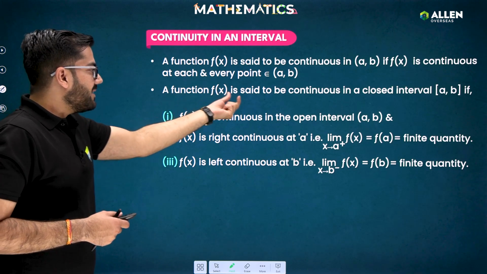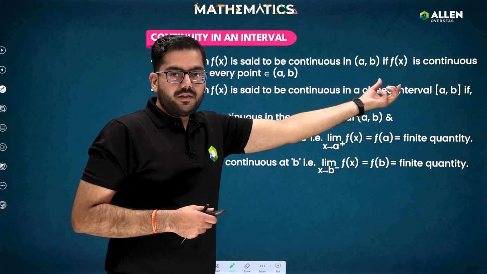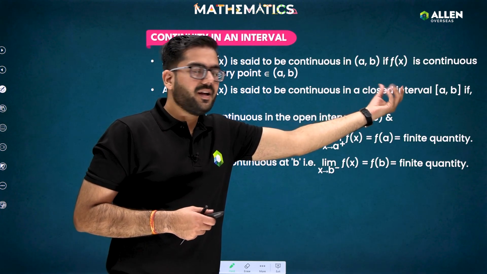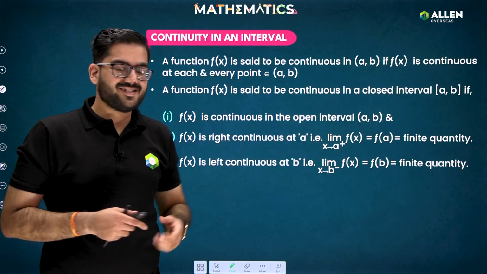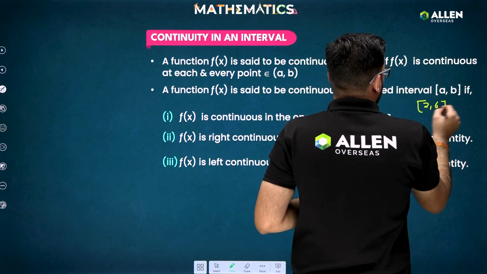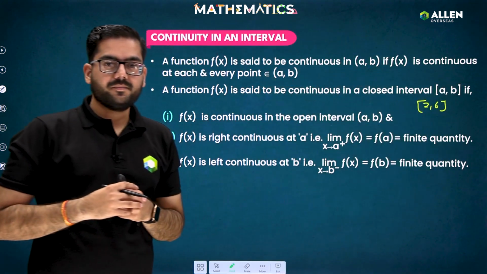A function f of x is said to be continuous in a closed interval. Now I am going to consider the closed interval. Again the same thing, you can pick 2 comma 6, for example.